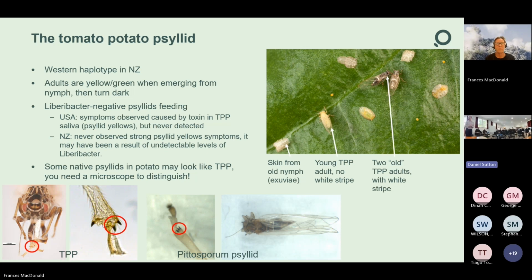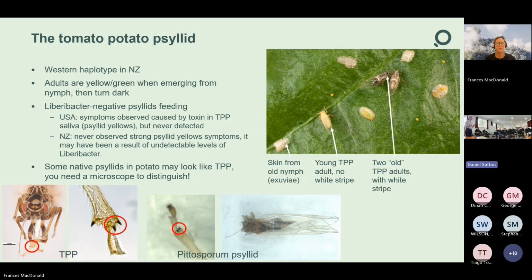One of the reasons might be that back in the day, the molecular method to look for Liberibacter in a plant was not that sensitive, so the detection threshold was much higher. You needed maybe 1,000 cells of Liberibacter to detect it, whereas now with the test that we have, we can go down to 6 cells. So a lot more sensitive. Or maybe there is a difference in the genetics of the different potato cultivars.